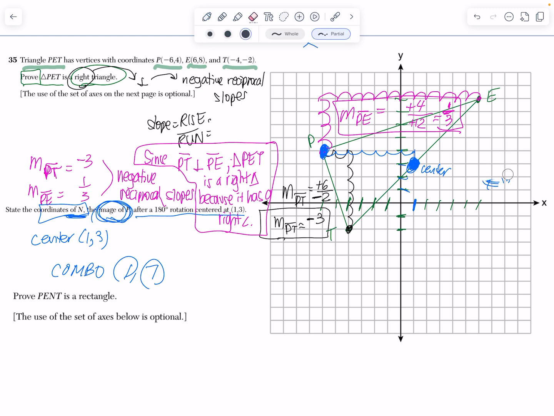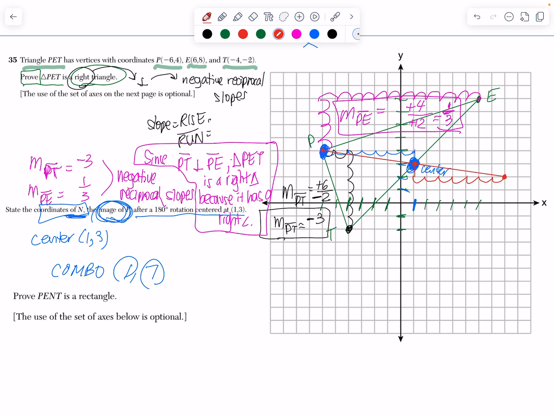So from the center, we're going to use combo. Well, let's see. What if I go down 1 and then to the right 7? 1, 2, 3, 4, 5, 6, 7. Would it make a straight line? So we'll connect from P through the center to this point.